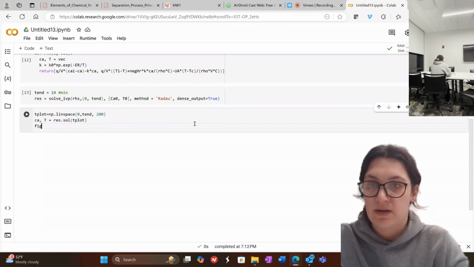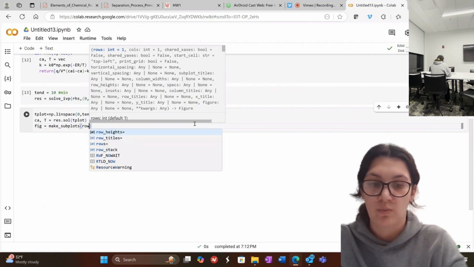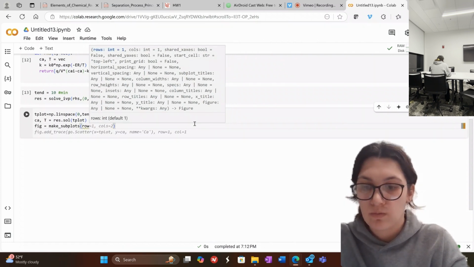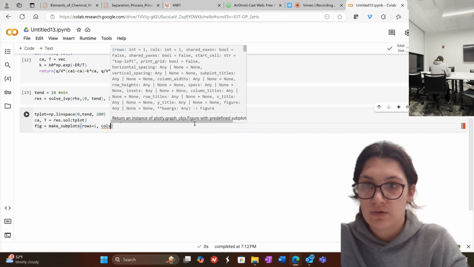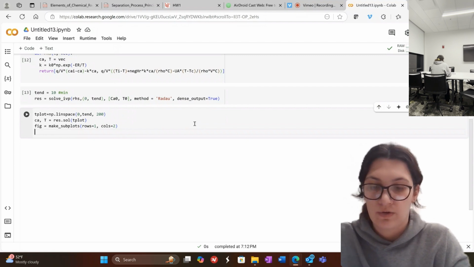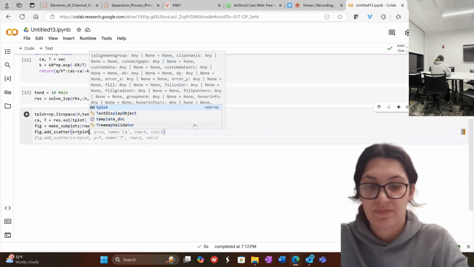Now we make_subplots. We're going to do 1 row, 2 columns. Going to add_scatter. X is our T plot.